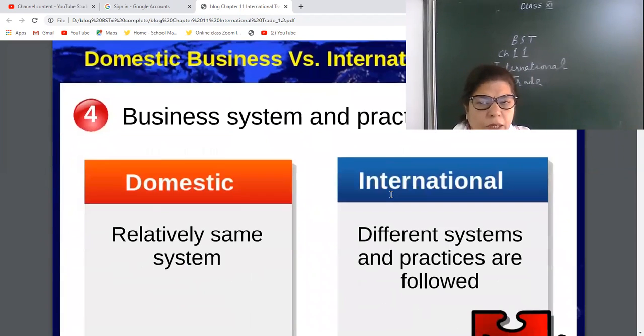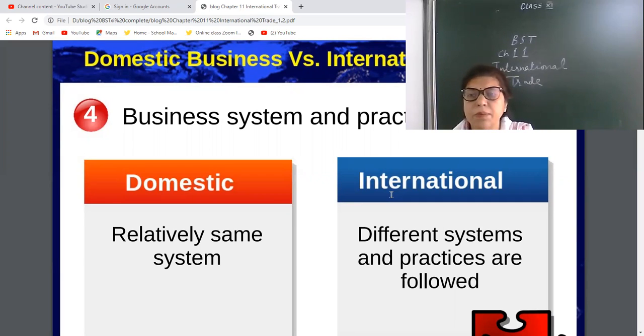Now, business system and practices, the pattern of business. In domestic business, the business system is relatively the same. They follow the same tradition, same way, same mechanism of payment, mechanism of transport of the goods. But in international business, they follow different systems and practices.